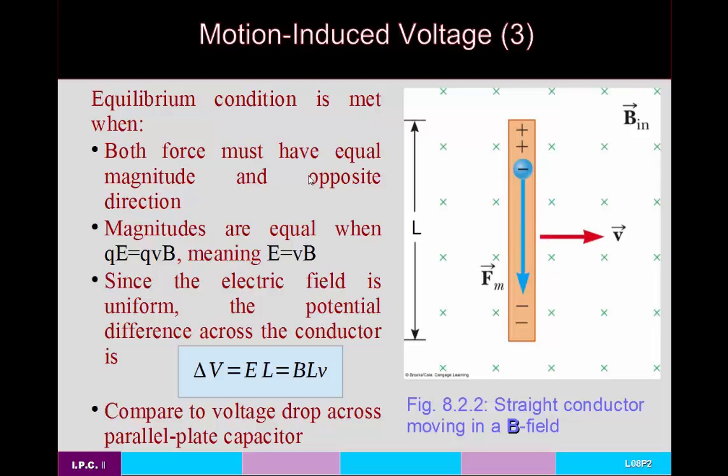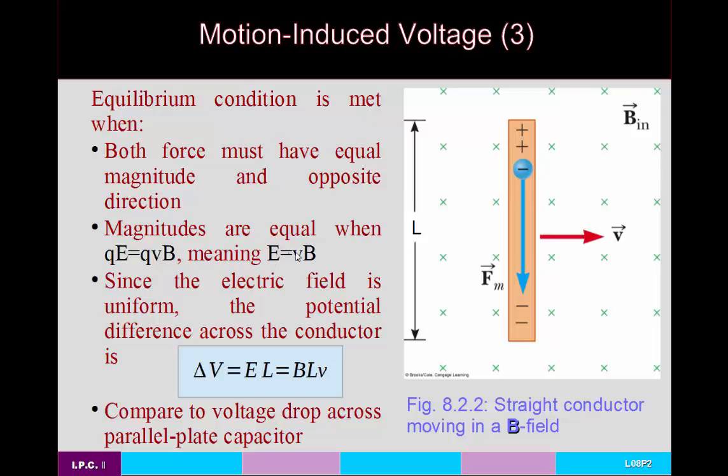The second condition, opposite direction, is true in any case, so long as you have this charge separation. The equal magnitude basically happens when you get sufficiently many charges on each edge of this conductor that the electric field is large enough to counter the magnetic field.